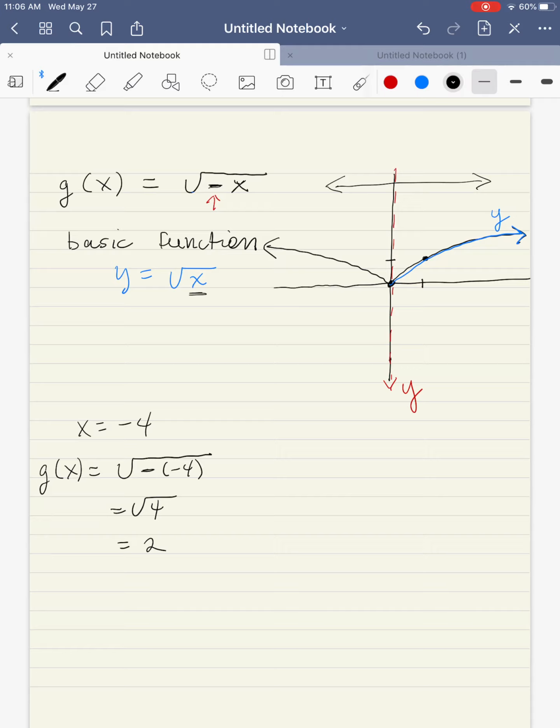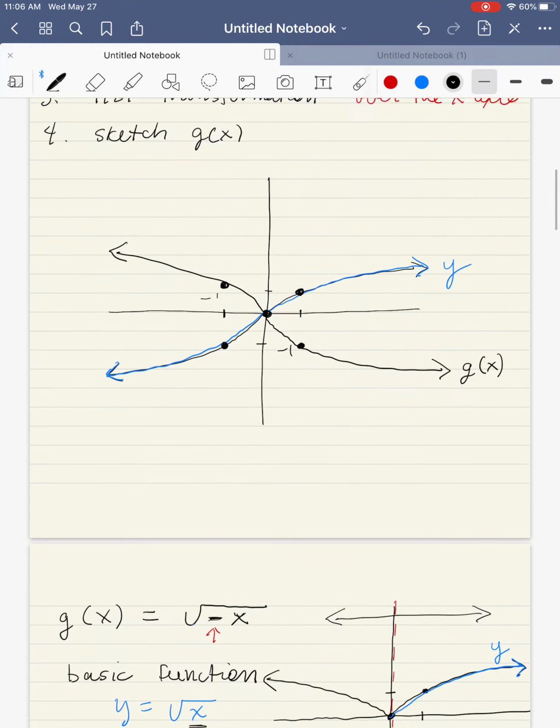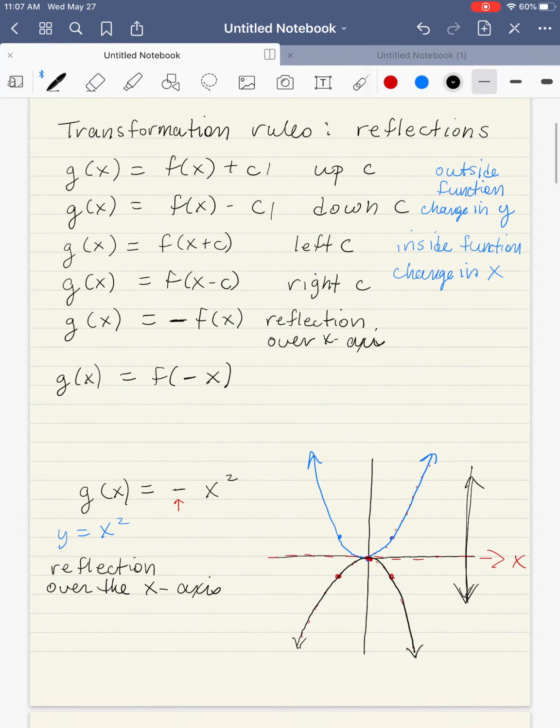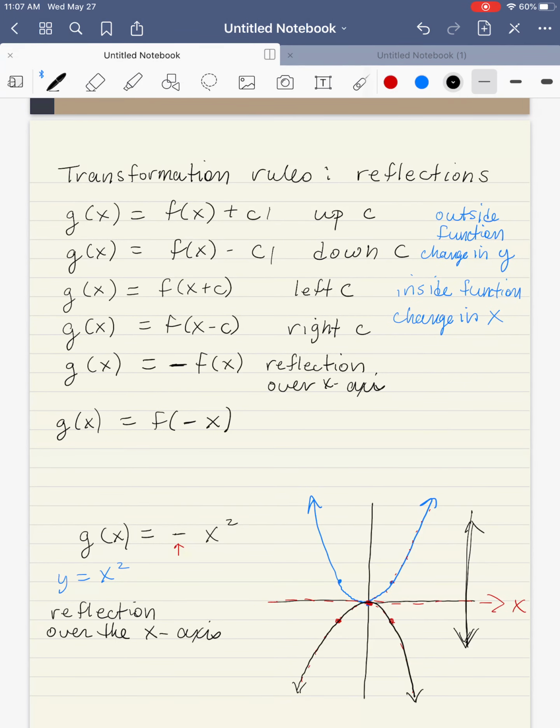So we're going to see that our transformation is a reflection over the y-axis. Okay, and that's going to happen every time. If we have a negative inside of the function, we have a reflection over the y-axis.